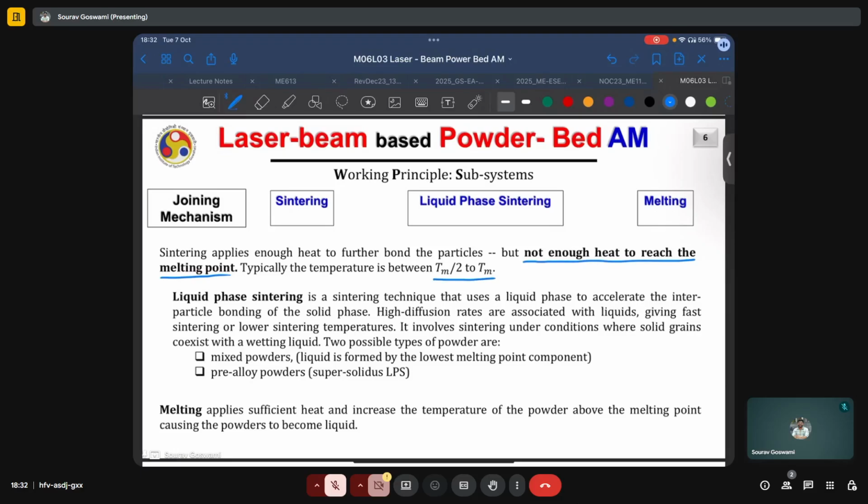And here, the powder particles will tend to fuse by atomic diffusion, which leads to this formation of neck. Eventually, the powder particles may take on an appearance like this.